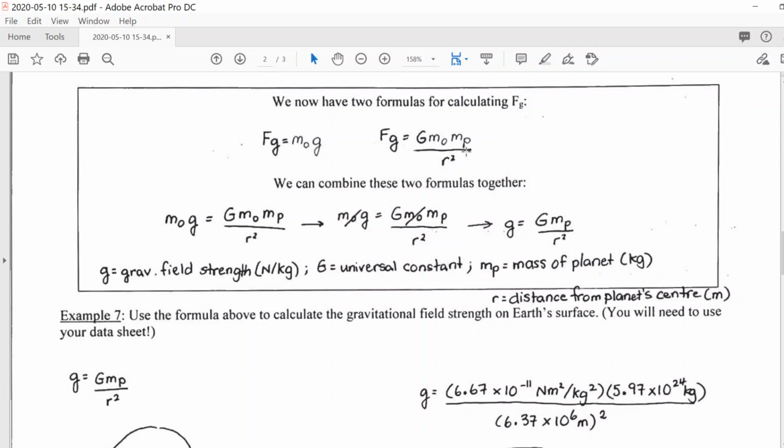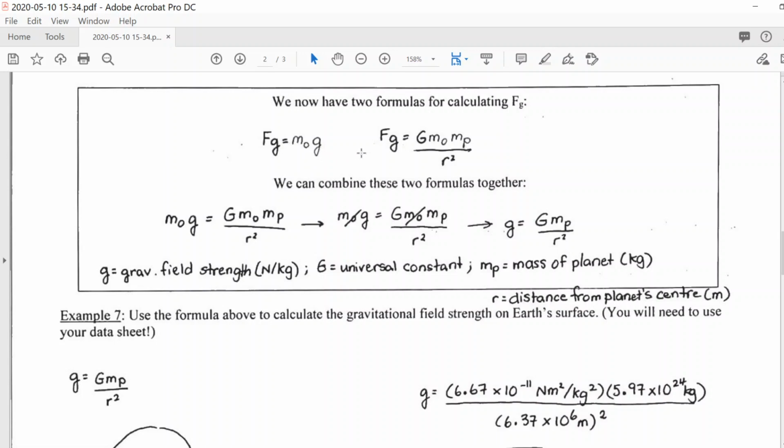So for example, if I wanted you to calculate your weight right now using this longer formula, MO would be your mass in kilograms, and MP would be the mass of the Earth. Or you could use this shorter formula here. MO would still be your mass in kilograms, and then g would be 9.81.